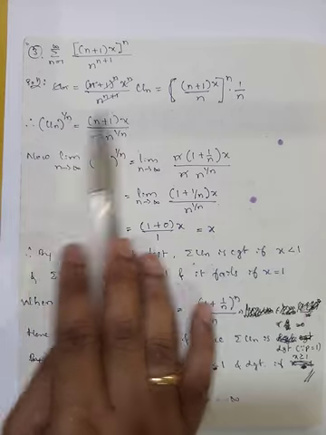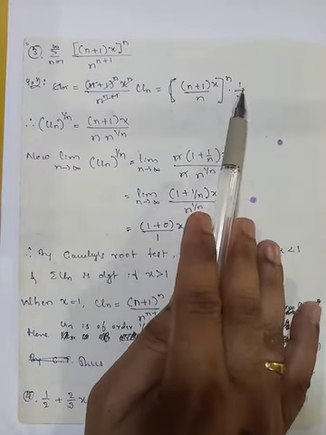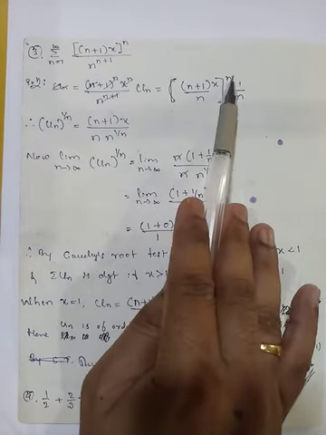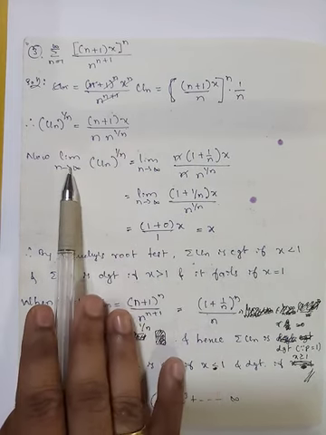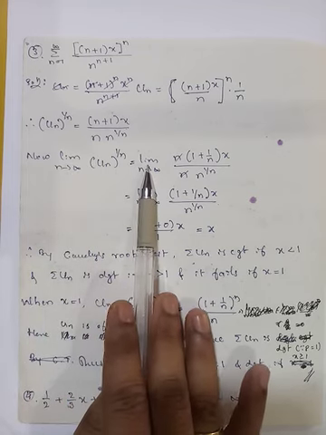When we take the power 1 by n, this cancelled, and this n cancelled, and n raised to 1 by n I wrote here. Then taking the limit n tends to infinity on both sides.